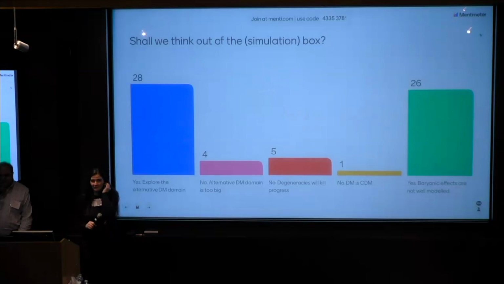Any strong opinions on that? Or it can be both? Probably both, right? Okay. I mean, we already know that, for example, dust needs to be included, except from SIBA, and it is a very complex thing to include. And there are other effects, other phenomena. Yeah.